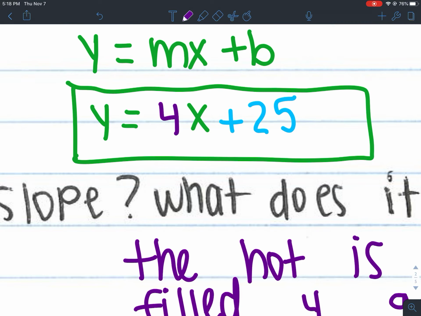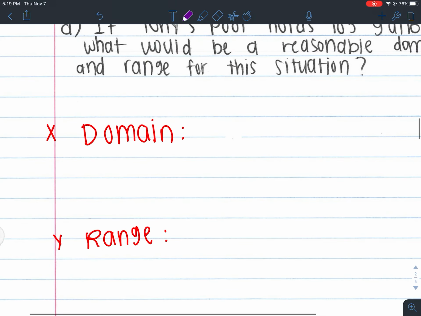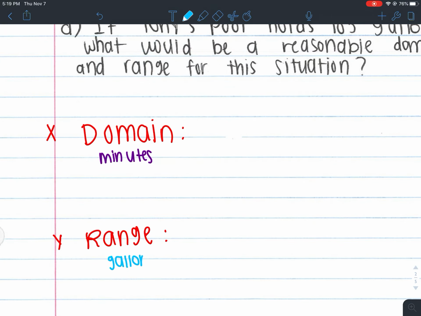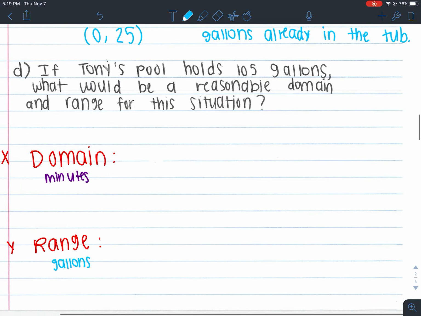But in the case that you can't tell, it's always going to be whatever it is per something. So if it's per hour or per minute, that's your x. So because it's 4 gallons per minute, then your x is your minutes. So let's go ahead and write minutes here, which means my range is going to be my gallons. How many gallons are in the pool?